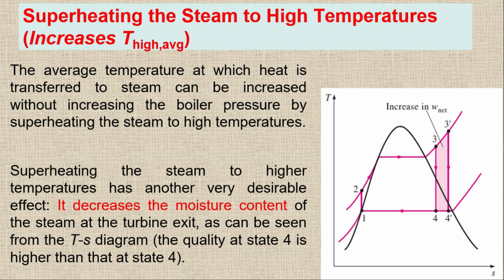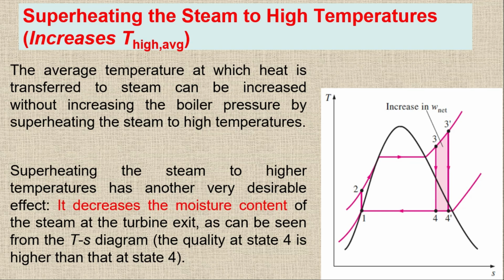Presently the highest steam temperature allowed at the turbine inlet is about 620 degrees Celsius. So any increase in this value depends on improving the present material or finding new ones that can withstand the high temperature.